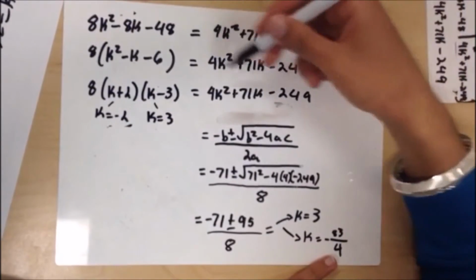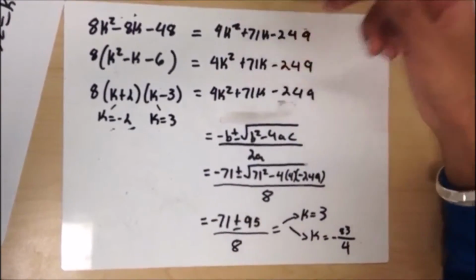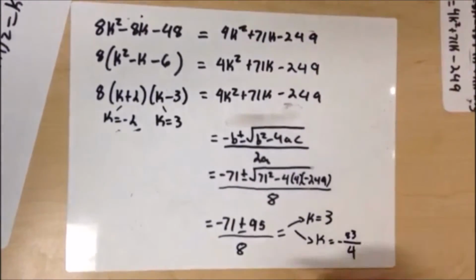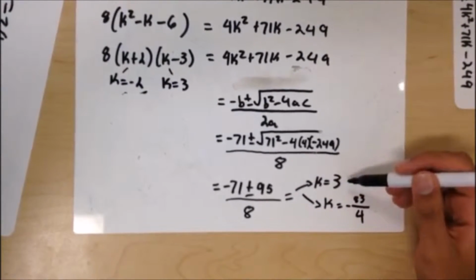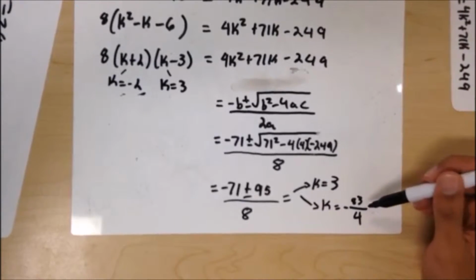And by looking at this other equation, for the fastest way to factor it, I put it in the quadratic formula, and the end result gave us k equaling 3 and k equaling -83 over 4.